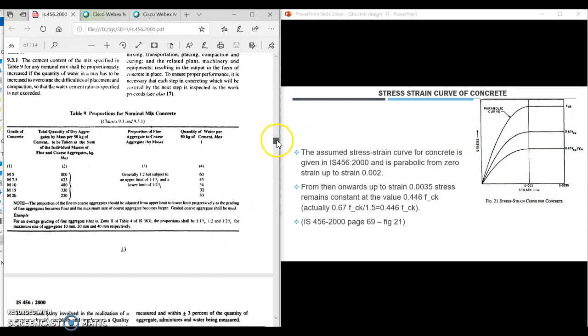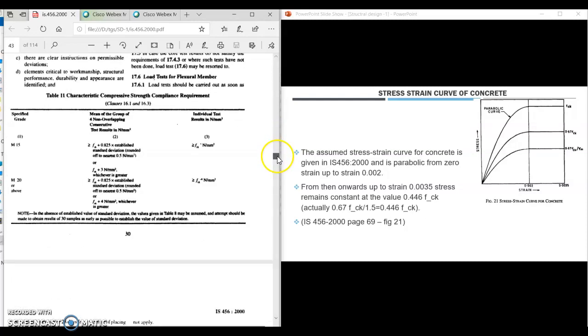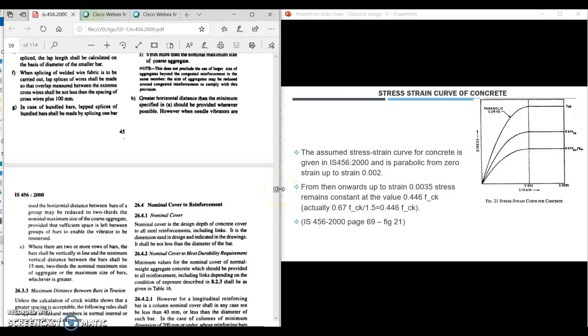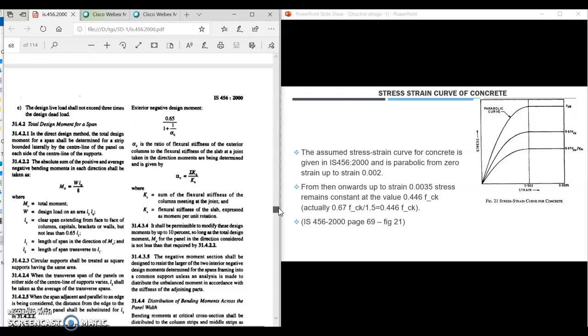Initially it is linear up to the elastic limit, and then there is a parabolic shape, and the parabolic shape goes up to 0.002 strain, then up to 0.0035 it is horizontal.